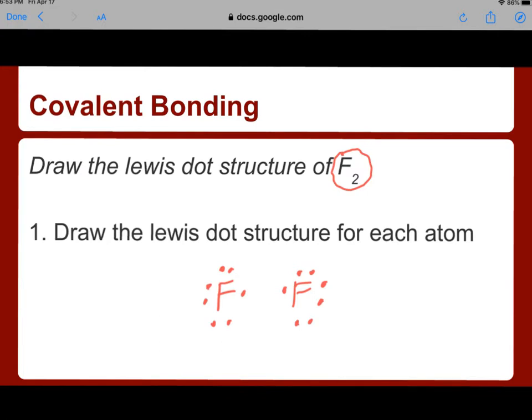Now, a good thing to do right here might be to count the total number of electrons I have. I have 7 on each, so right now I have 14 electrons. When I get done with the whole Lewis dot structure, I want to make sure I still have 14 electrons. I can't lose any electrons, I can't get any new electrons. If my electron total is 14, that's how many electrons I have to work with.